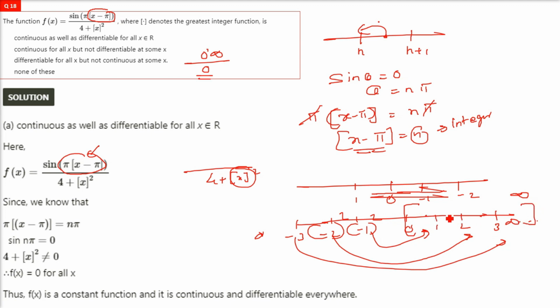So you will always get a minimum value of 0, and going up to infinity, all the integers. So the minimum is 0, so this cannot be 0 at all. In order to get 0, you would need the squared greatest integer function to be negative 4, and that is not going to come at all. Never, because it is the square of a number. So f(x) is a continuous and differentiable function everywhere.